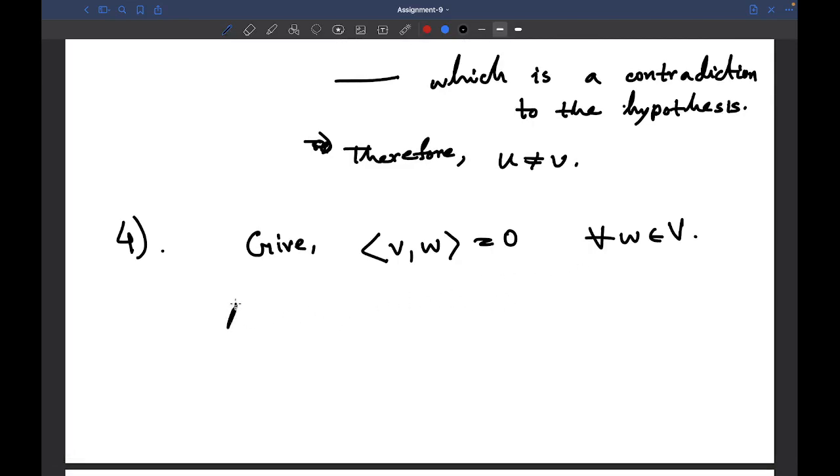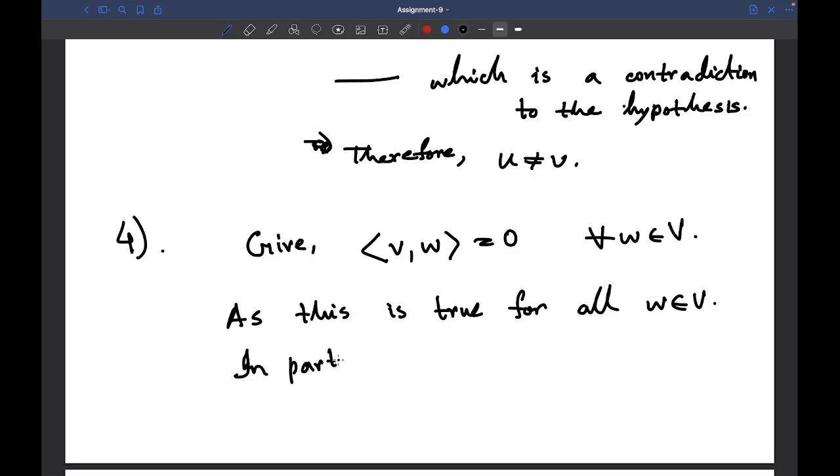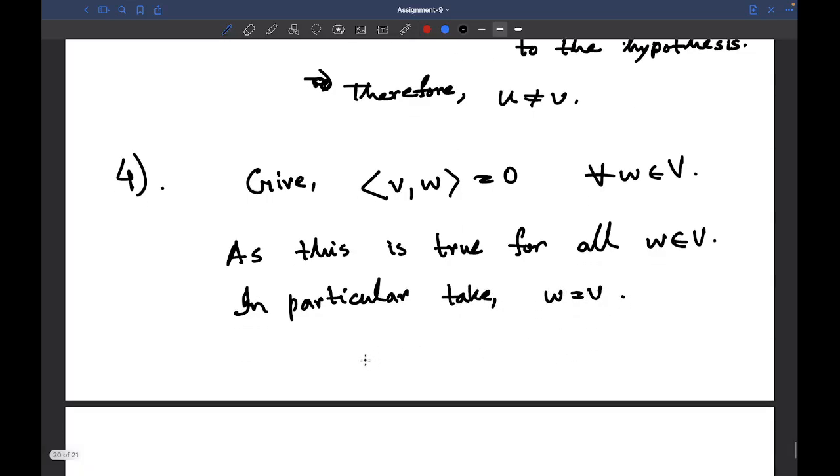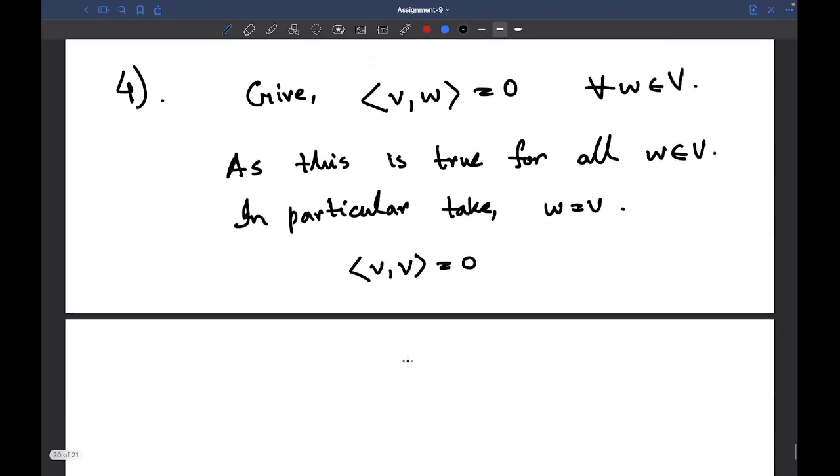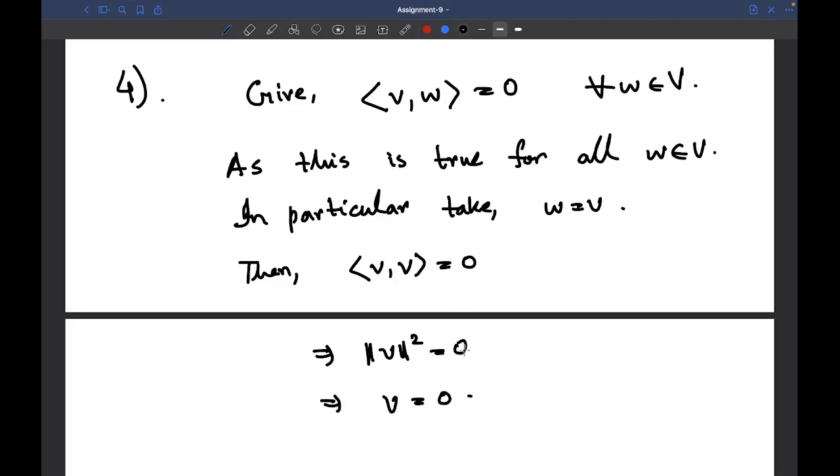As this is true for all W, in particular take W to be V. Then you will get the inner product of V and V is 0, which implies norm V squared is 0, which implies V is 0.